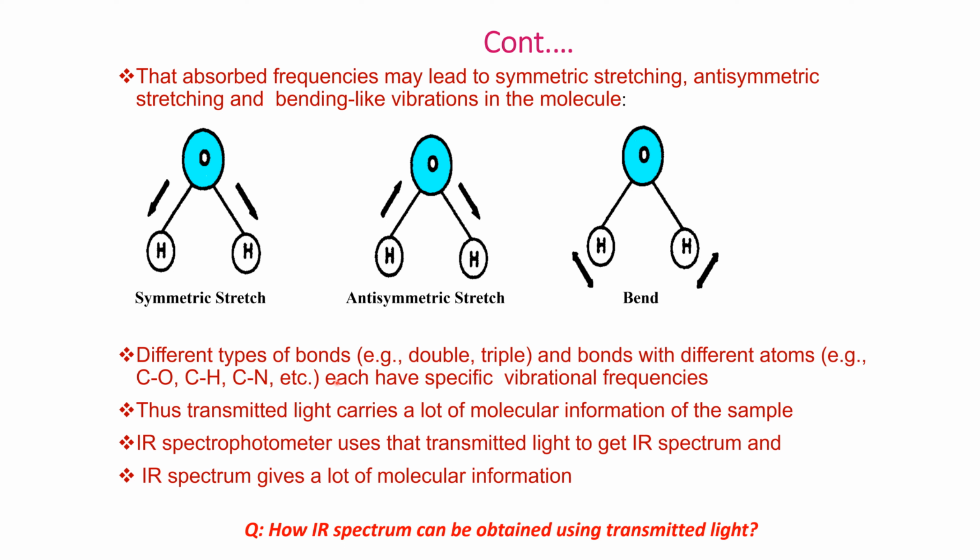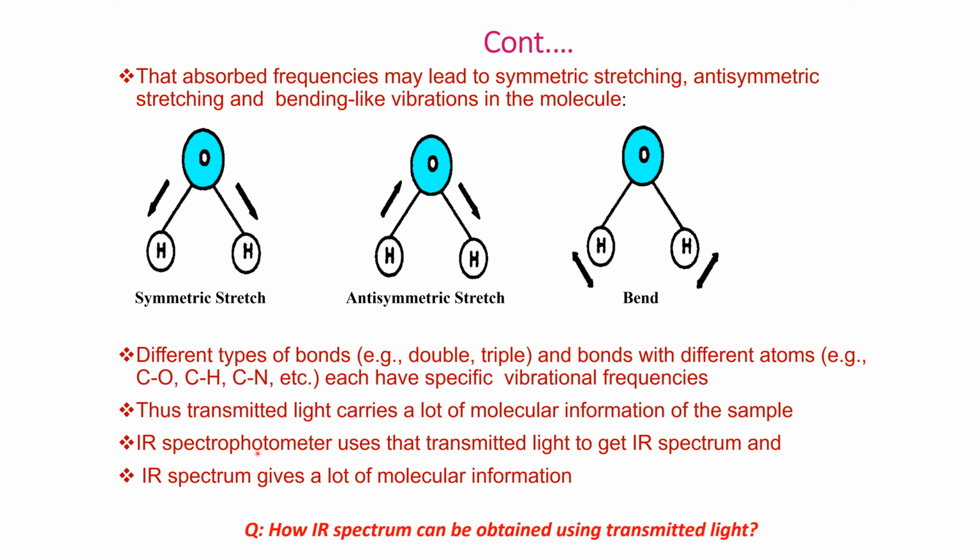Different types of bonds, for example, double or triple bonds, and bonds with different atoms like carbon-oxygen bond, carbon-hydrogen bond, carbon-nitrogen bond, etc., each have specific vibrational frequencies. Thus, transmitted light carries a lot of molecular information of the sample.